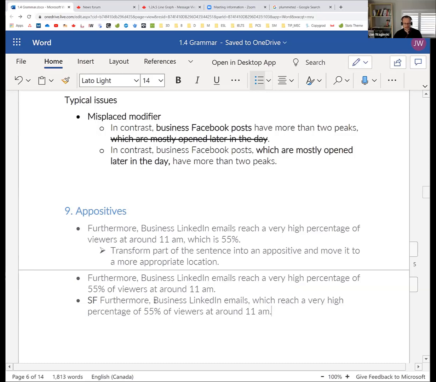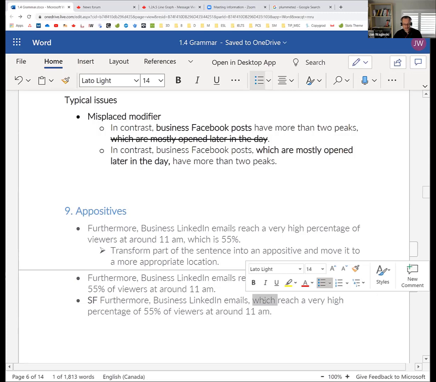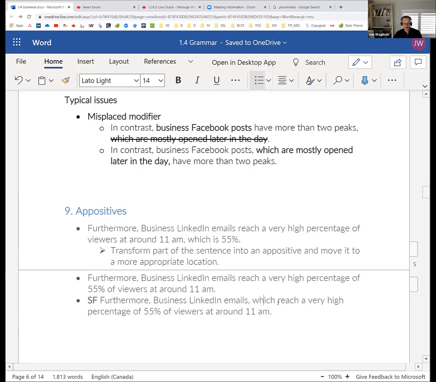You've got this noun phrase, business LinkedIn emails, and then the rest of it is a relative clause. So you're missing a predicate for this part. Remember, relative clauses have their own subject and predicate. The subject is "which," and this is the predicate. But that's not the predicate for the independent clause.